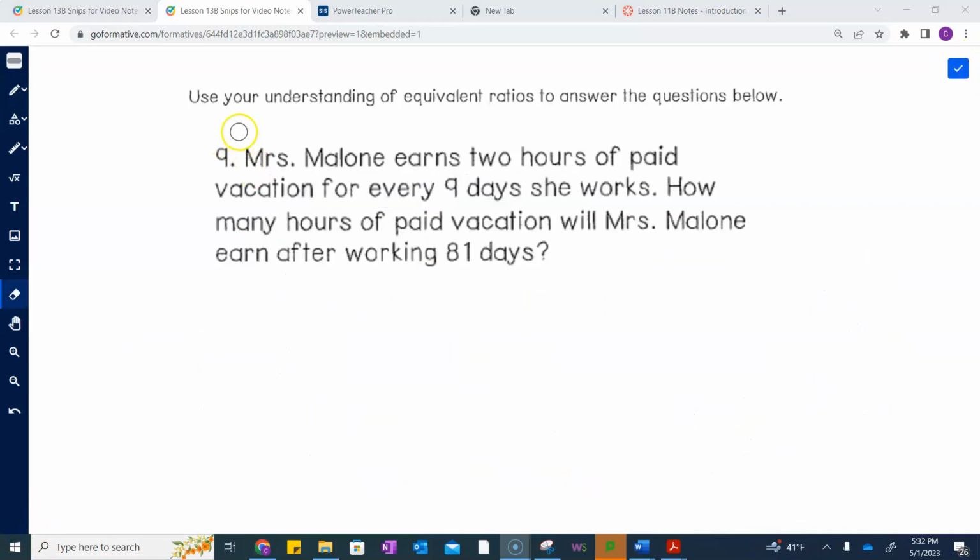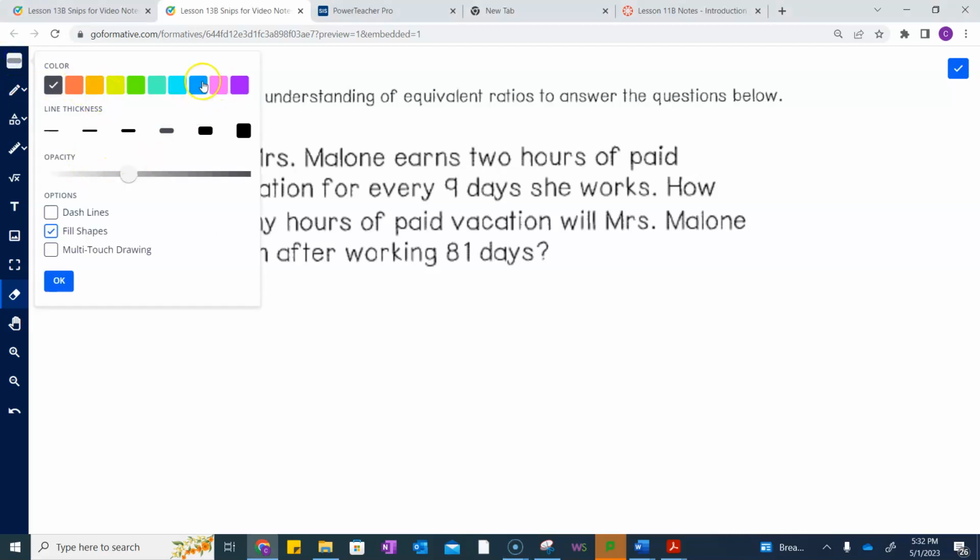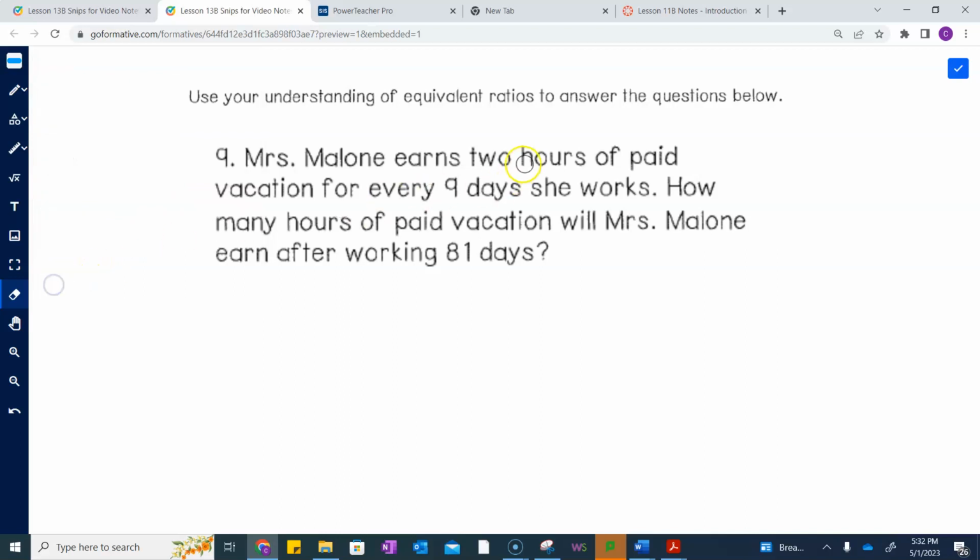All right, this next problem says use your understanding of equivalent ratios to figure out the answer to this problem. Mrs. Maloney earns 2 hours of paid vacation for every 9 days she works. So right there, we're comparing two things. We're comparing hours to paid vacation. So those are the two things we're comparing.